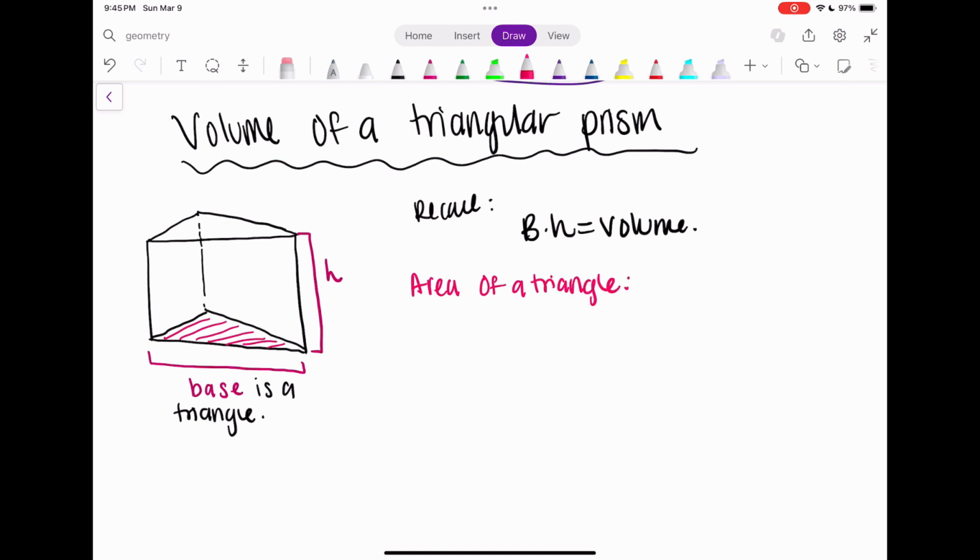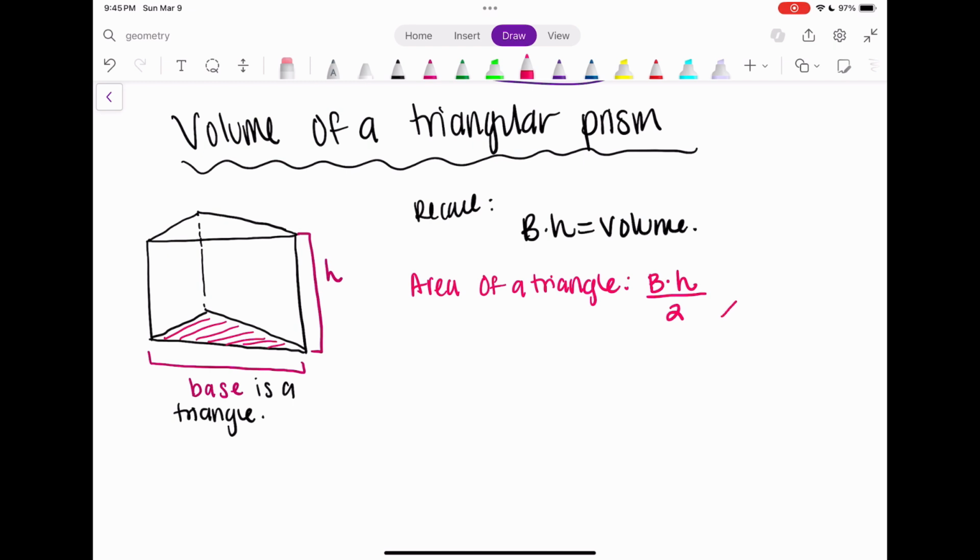So the area of a triangle, we've gone over it a couple times, not really at a large extent, but when we have seen it, we should write it as base times height divided by 2.